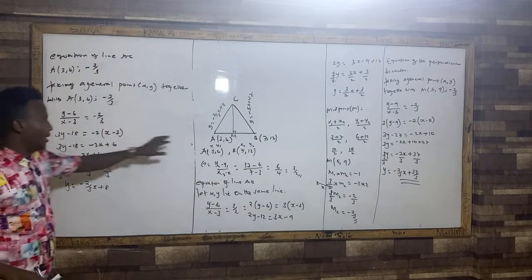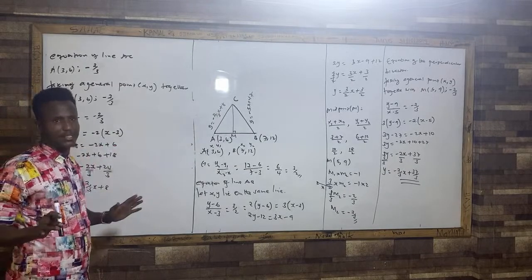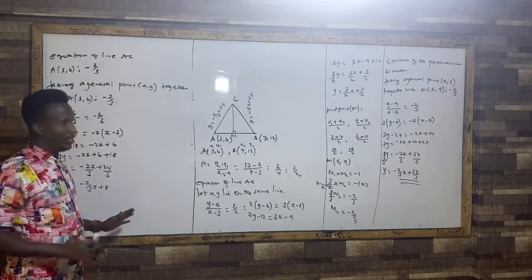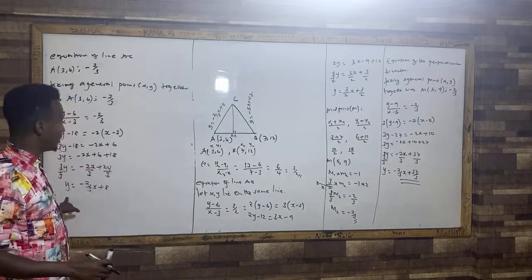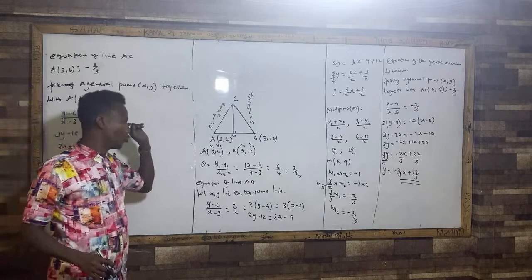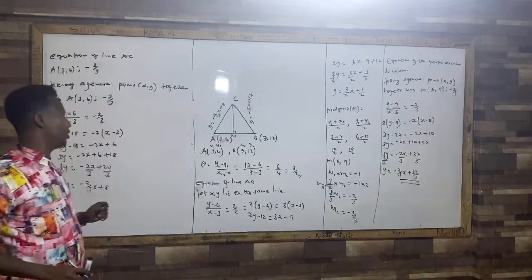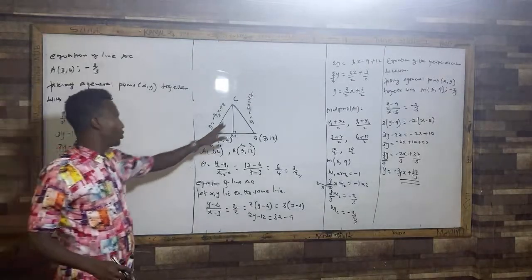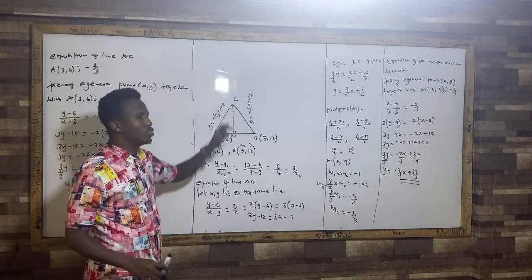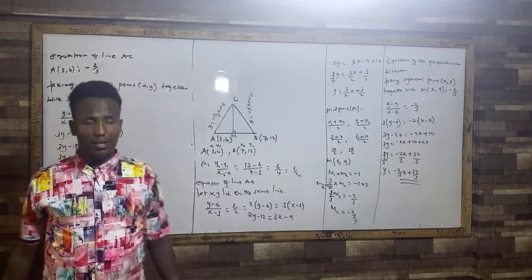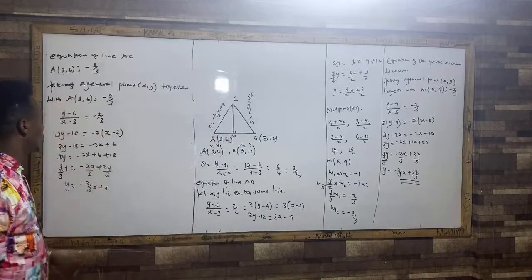We have gotten the equation of line AC. Please understand this. Then after getting the line AC, remember you are told AC is perpendicular to AB. So for us to get this point, we are going to solve these two equations simultaneously.